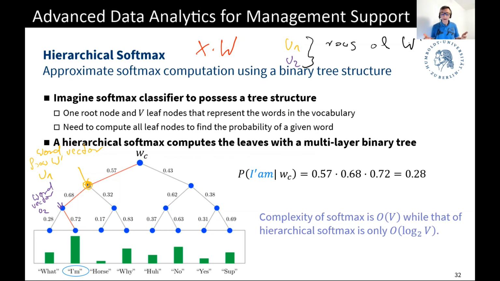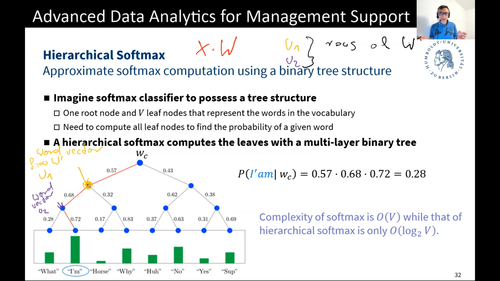A proper tree for a real vocabulary would be a lot bigger than what we see here in this example, where essentially we have 8 words at the leaf nodes, and then 12 or 13 nodes or so in total. You can count that. It's the number of leaf nodes minus 1 internal nodes. It's a small tree. And for a real corpus, this tree would be a lot bigger.